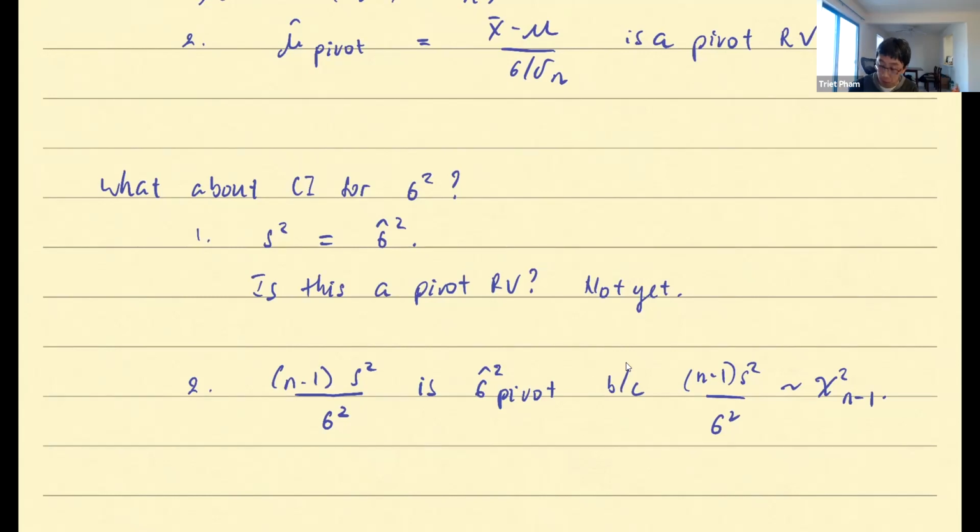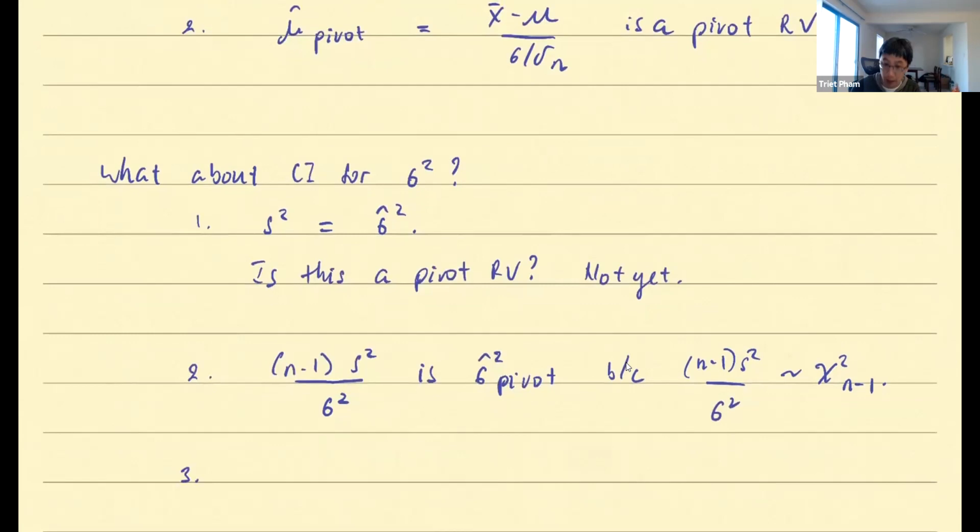Okay, you're almost there. Step 3, pivoting. How would you pivot this? The pivoting step actually is very mechanical, right? You just take whatever the pivot is and you slap in the quantile.